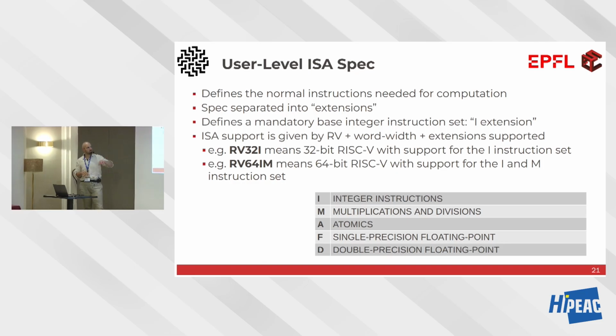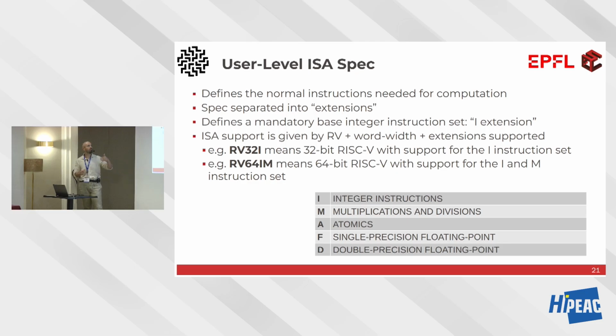And then you have generic extensions that you may add or not add. For example, do I want my CPU to be capable of doing multiplications and division in hardware? If the answer is yes, they define multiplication and division extensions. Those are standard, they are RISC-V, but you are not obliged to add them if you don't need them.